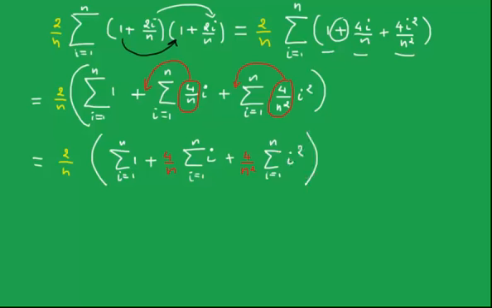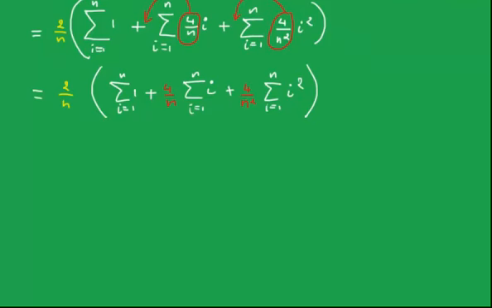Now at this point we're going to use the properties or those formulas for the sigma notations. So we still have 2 over n here, and then parentheses. Now for the first summation, we have 1, just a constant. There is no i here.